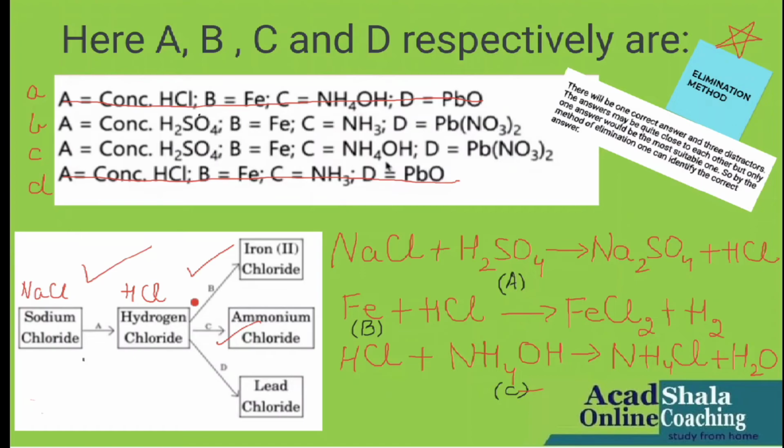So, according to my solving of the question, my correct option is C. Yes or no? Why? Because this option is different, as this one is ammonium hydroxide, but in this option they are saying ammonia. No, no, no. This is also a wrong option.